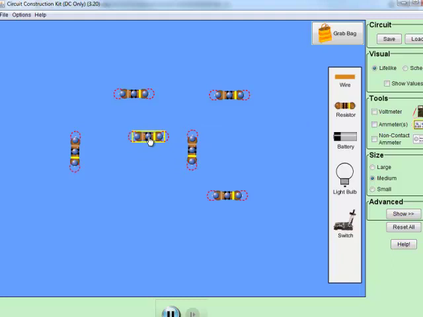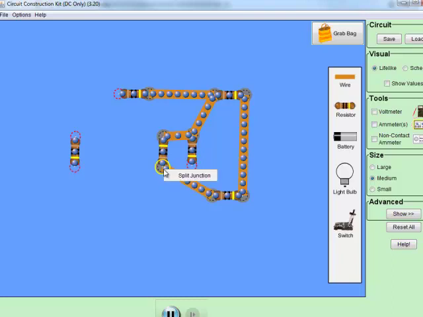There we go. And now I'll grab the wires. Of course, my schematic looks a certain way when I put it together.